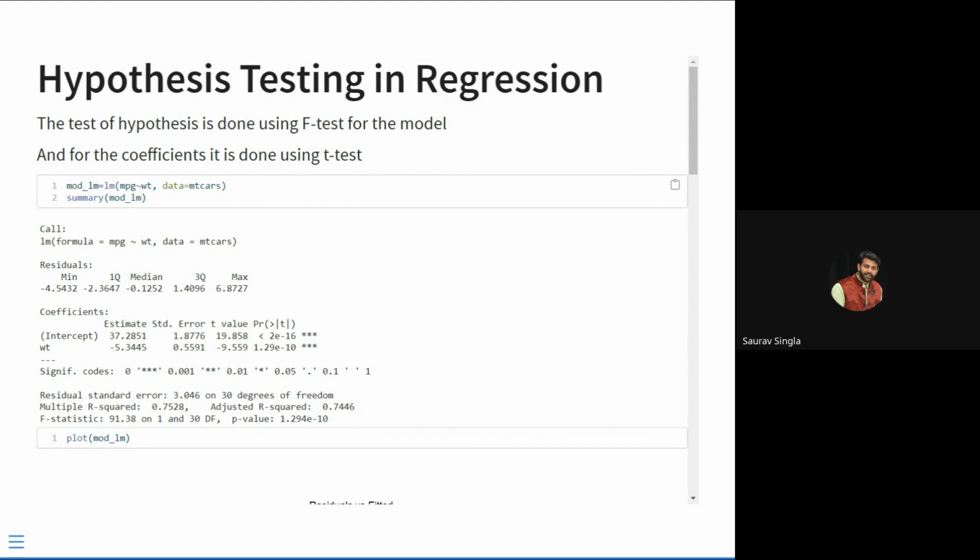Now, after doing the analysis, we are getting this estimate. This is the estimate, this and this.